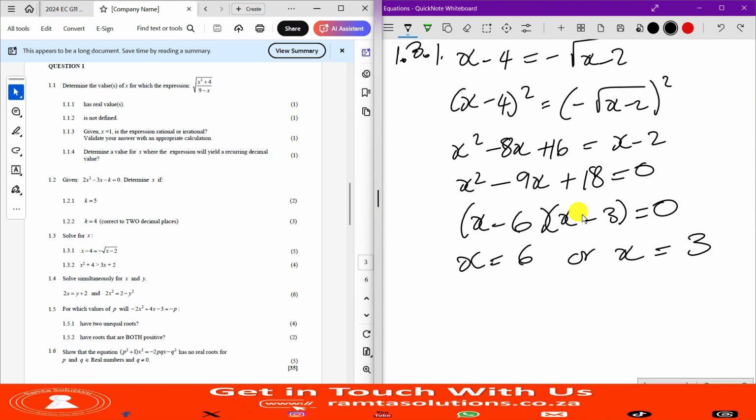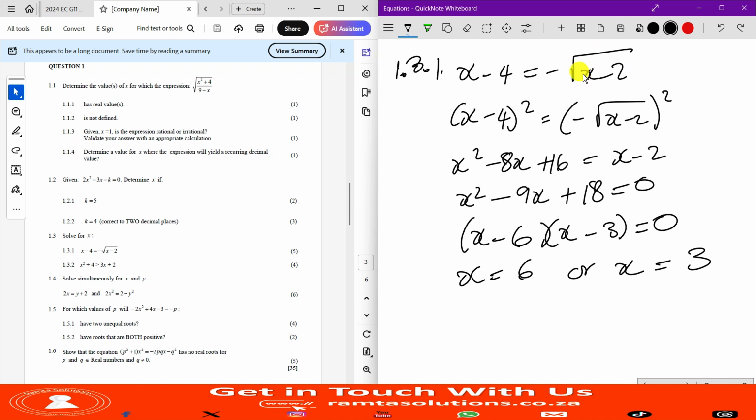Let me start with the lowest number, 3. Let's see. Or let me take 6 as it is. 6 minus 4 is 2. So the left-hand side is positive 2. The right-hand side, 6 minus 2 will be 4. Square root of 4 is 2. However, it doesn't end there. You have a negative here. So you will be having 2 is equal to negative 2.